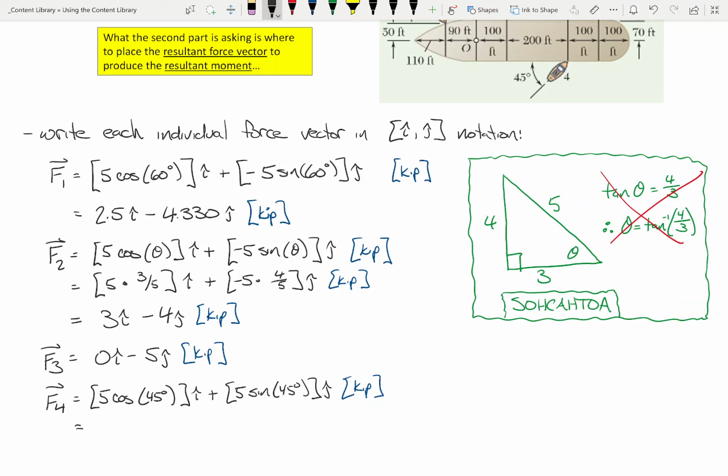And cosine of 45 degrees times 5 is, what was it, like 3.536?